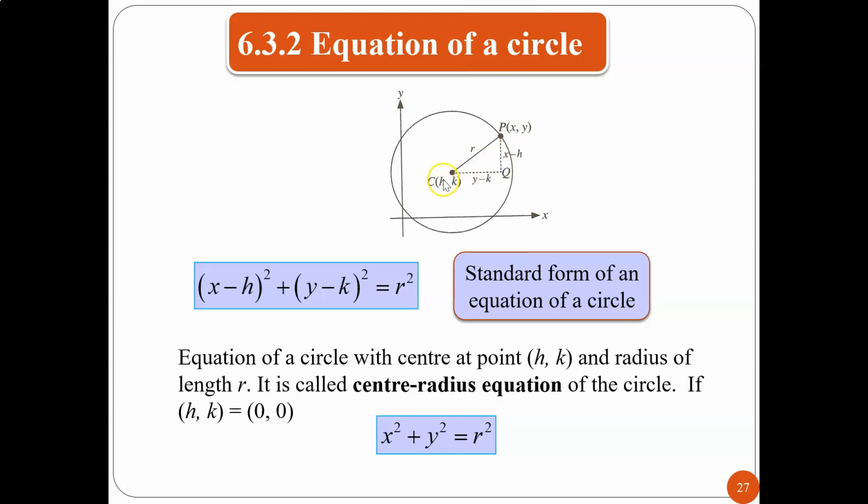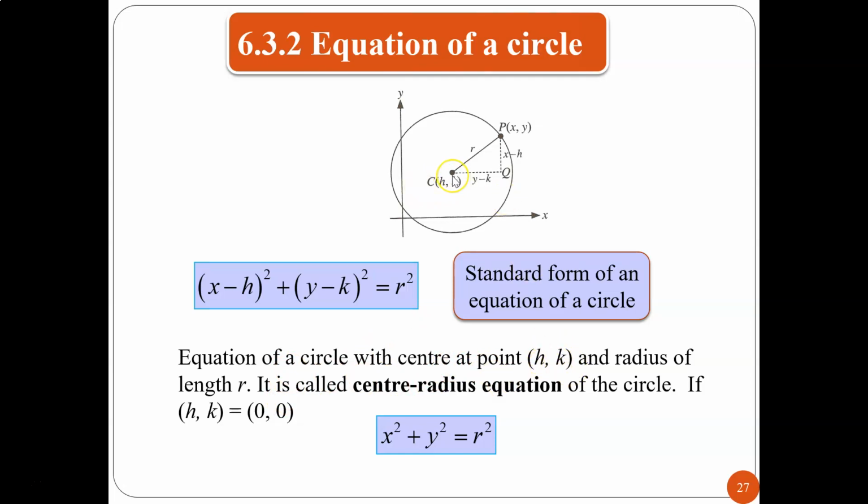Tapi dia tidak guna simbol X. Dia guna as H. X minus H square, then plus Y minus K square equal to R square. Samalah juga. Ini dengan ini hasil tambah dua ni you akan dapat R square dalam bentuk. Inilah standard form.